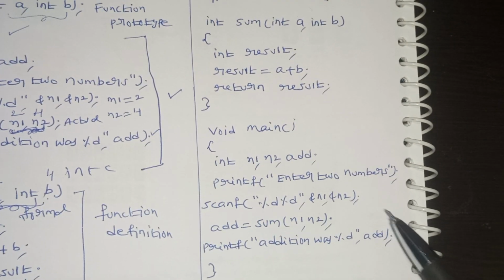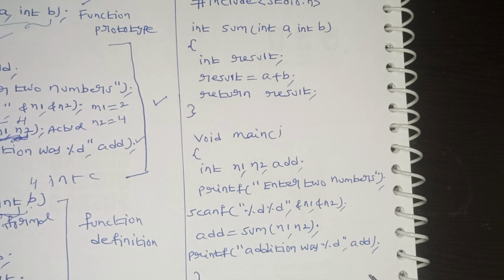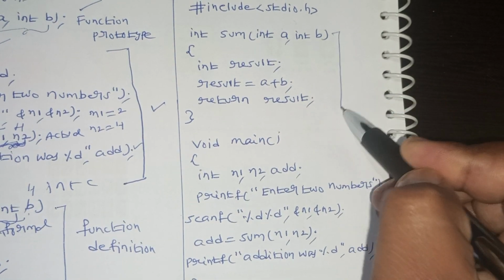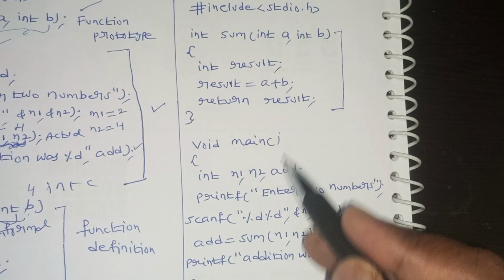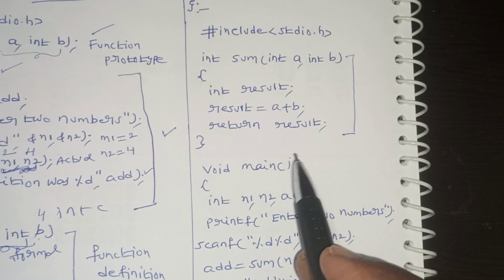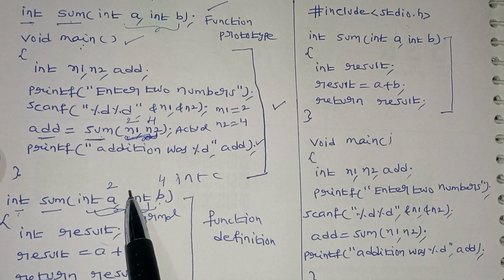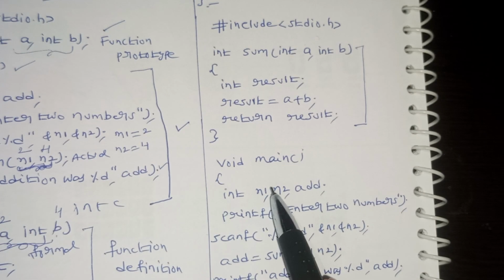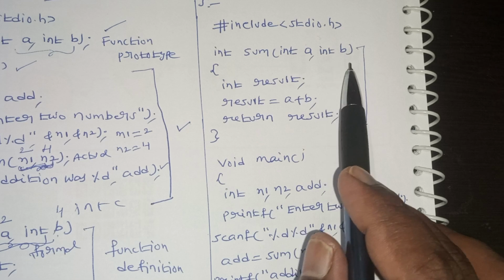Now you see the same example. Can you tell what is the difference here? Already I told you in the previous class. This is called the function definition. This is called the calling function. If you compare this program and this program, in this example I don't have any function prototype.